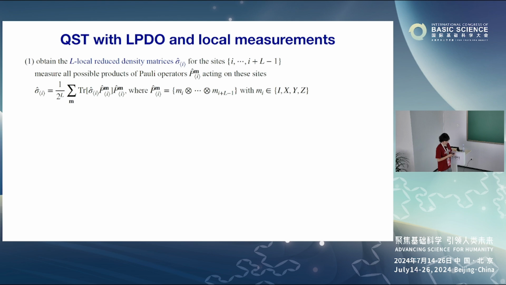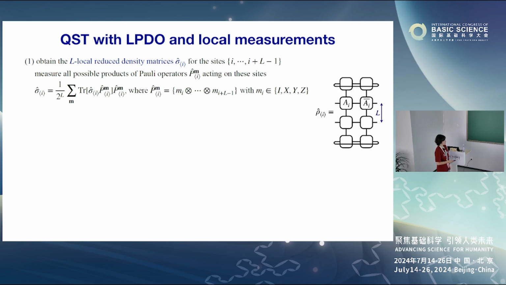The steps of LPDO are as follows. First, we obtain the local reduced density matrices for the L-neighborhood sites, measuring all kinds of combinations and getting the coefficients, but only within the L-neighborhood.